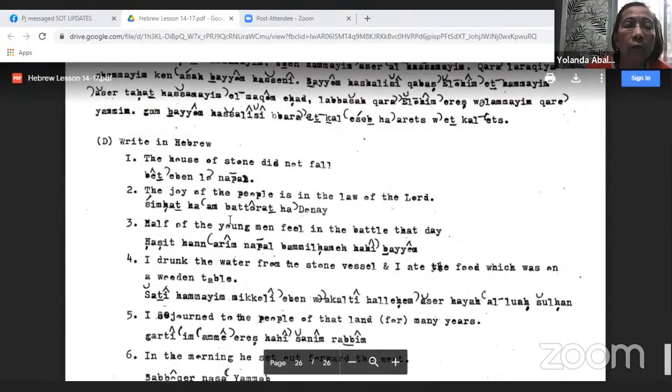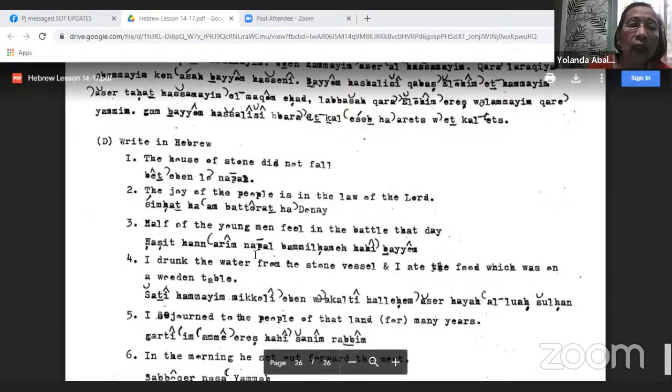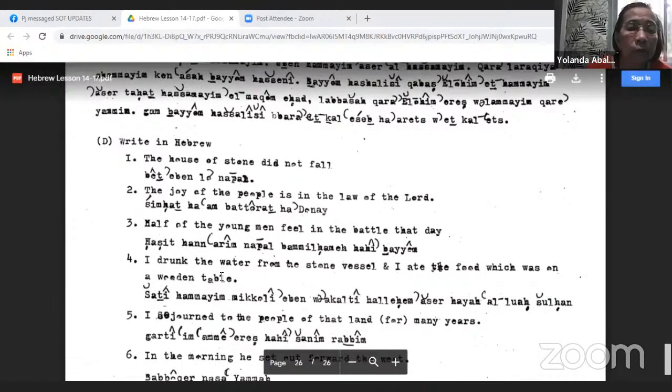Semkat haang batorat hadunay. Half of the young men fell, double F-A-L-L, fell in the battle that day. Kashet haniarim nafal bamelkama hahi bayom.